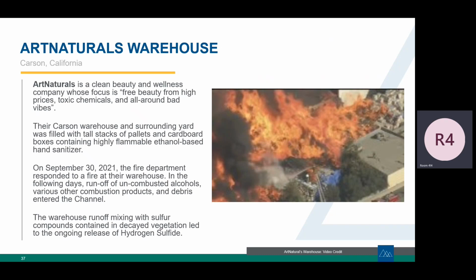This is a photo taken from a helicopter of the fire at Art Naturals warehouse. That combination of the ethanol running off into the channel combined with the vegetation that was already there led to an anaerobic environment that led to the production of this hydrogen sulfide. I'd never seen anything like this before.